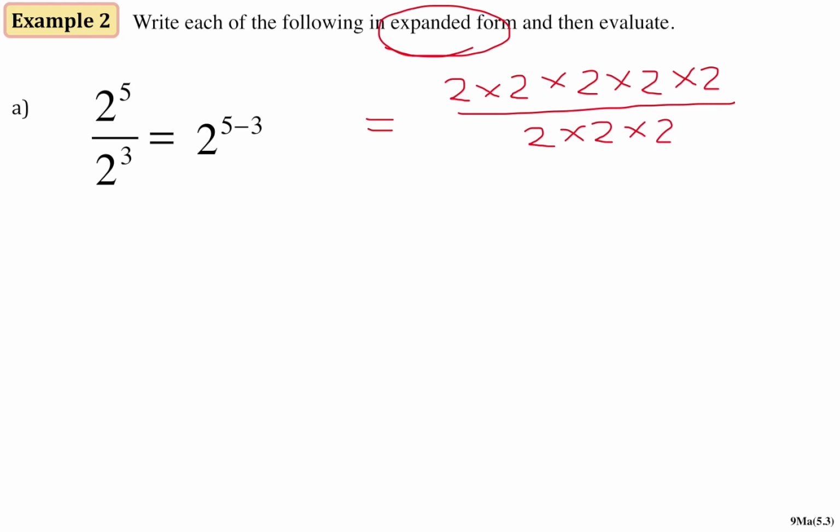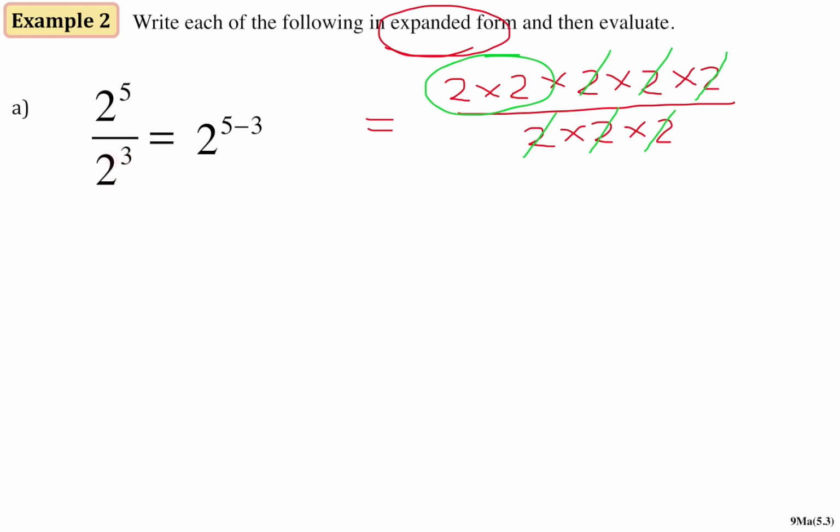But before we evaluate, we could actually look at that and go, hey, those two 2's cancel. There's a pair of 2's that cancel. There's a pair of 2's that cancel. We're just left with that, 2 times 2. Now the shortcut when you are dividing, and that's what a fraction is, 2 to the power of 5 over 2 to the power of 3 means 2 to the power of 5 divided by 2 to the power of 3.